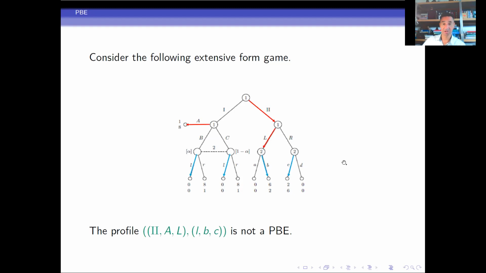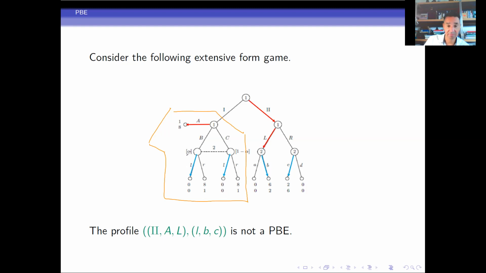Here is an example. This was a subgame perfect equilibrium from the previous recording, but this is not a PBE. We already saw that on the left-hand side, player 2 was doing something peculiar in this part of the game tree over here. So this is a subgame, and we already decided that choosing left in this subgame is a peculiar thing to do. Now we can actually formalize that.